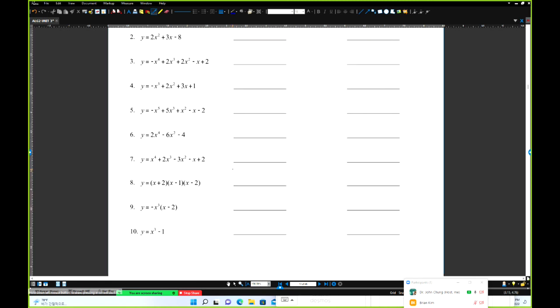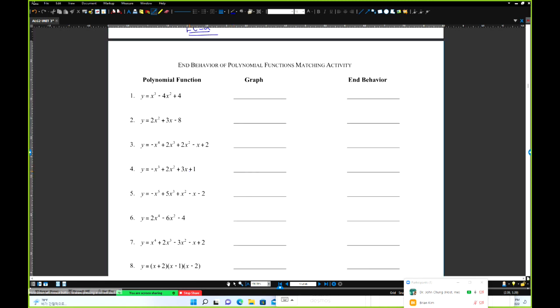End behavior: I'm going to choose some questions over here, this one and this one. Leading coefficient, negative x to the 4. Negative 1 is the leading coefficient, and the degree is 4. LC is negative.